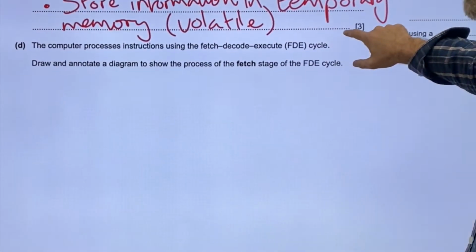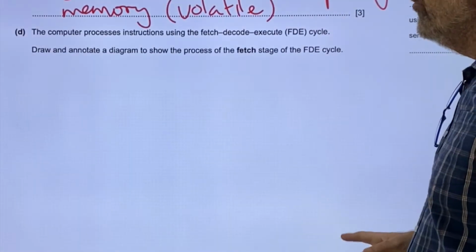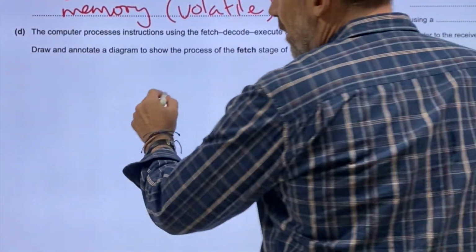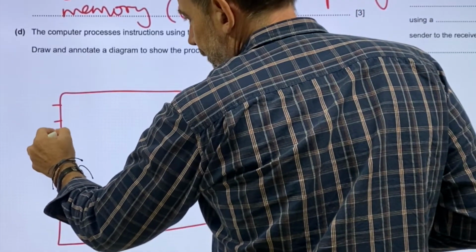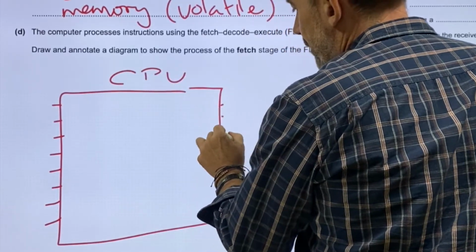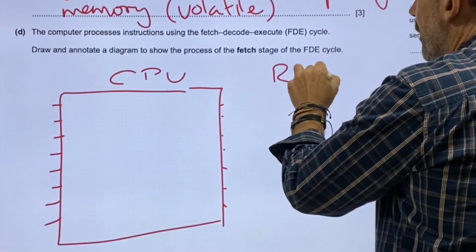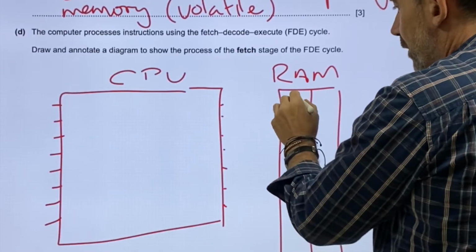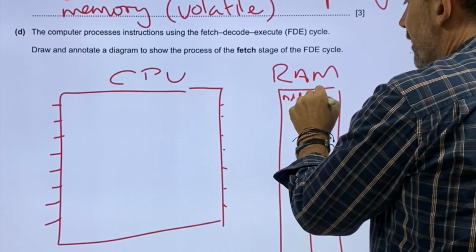The computer processor instruction uses a fetch, decode, execute cycle. We just mentioned that. Draw an annotated diagram to show the process of the fetch stage of the FDE. Well, we've got my CPU, and then here we've got RAM. The RAM is split up into addresses and data.